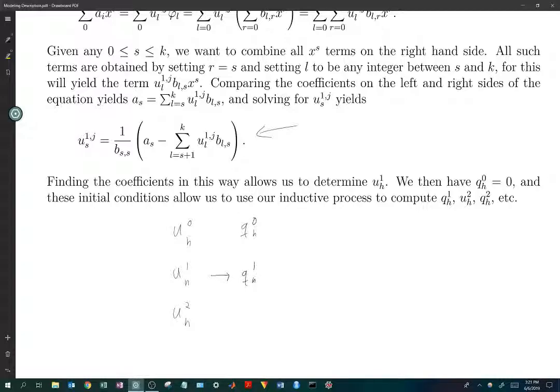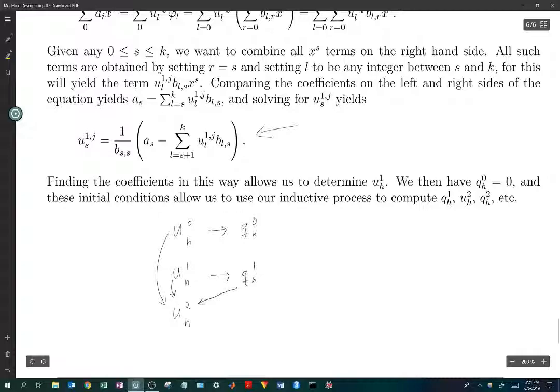Remember Q is just UX, so Q is the spatial derivative of U. So for QH1, we just take the spatial derivative of UH1 and we're good to go. And of course, if you want QH0, you can just take it from UH0, but it's not useful. Anyway, for UH2, you need UH0, UH1, and QH1.